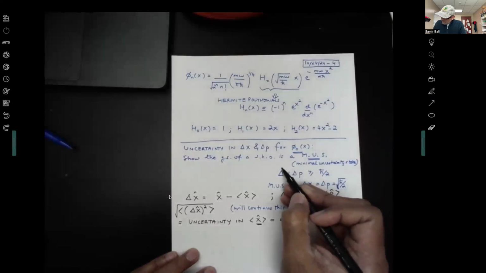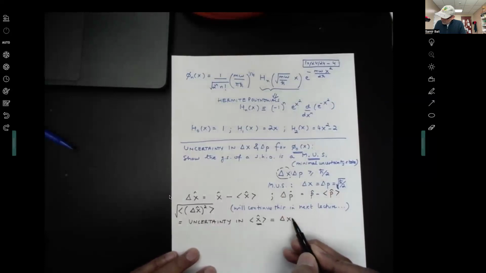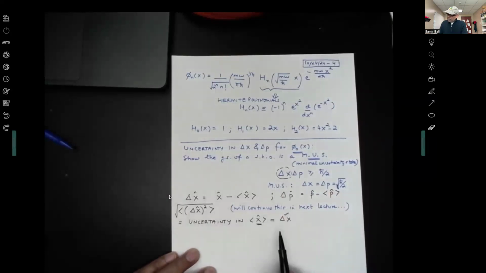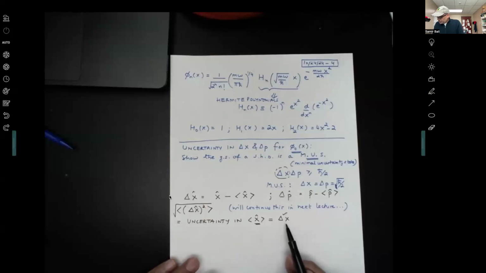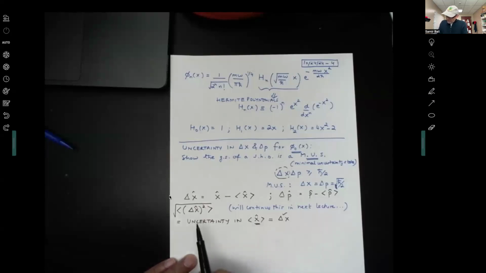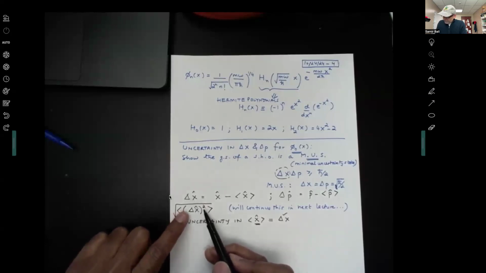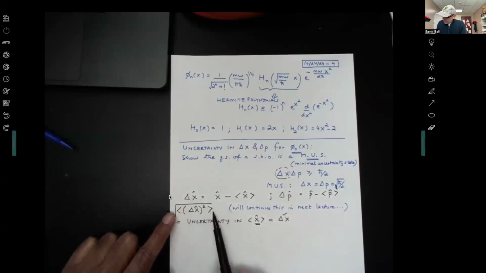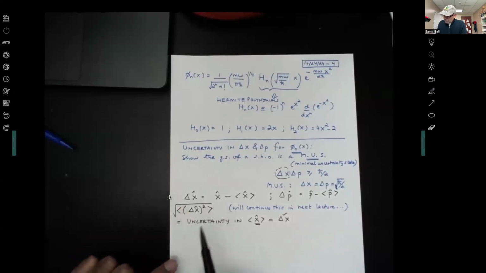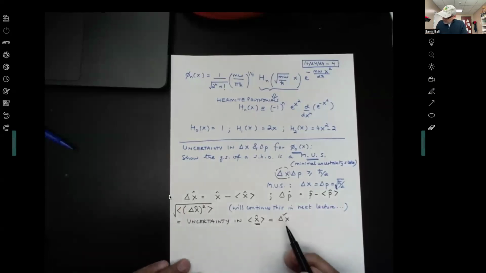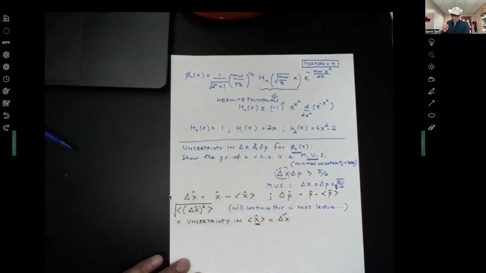So that's the uncertainty in x. What we mean is the uncertainty in the measured value of x, right? To find it, first you have to find the fluctuation of the operator, take the square, take the expectation value of that, and then the square root. And that's what the uncertainty in the measured value of x would be.